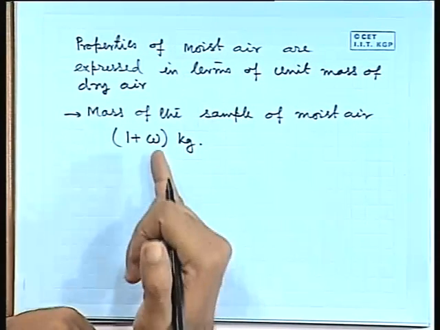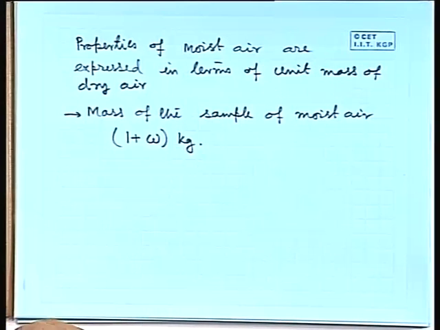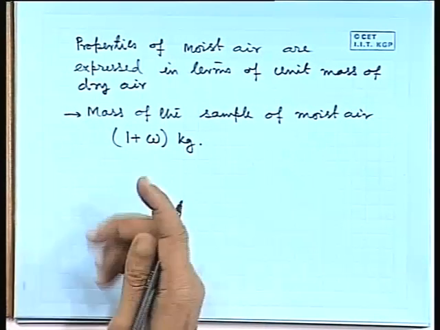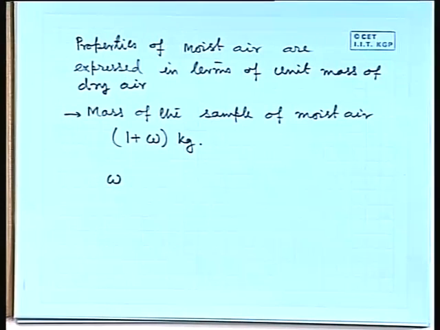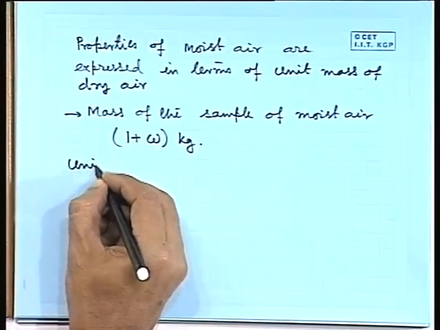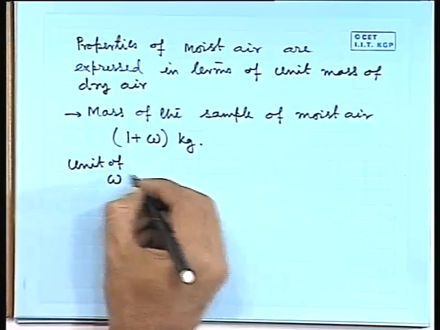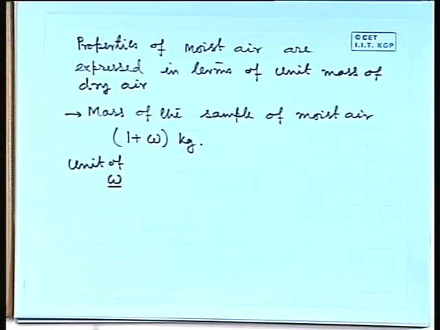What is w then? Small w or omega is the mass of water vapor for 1 kg of dry air. So, what will be the unit of omega? It is kg per kg of dry air.